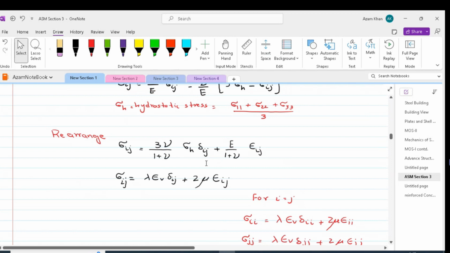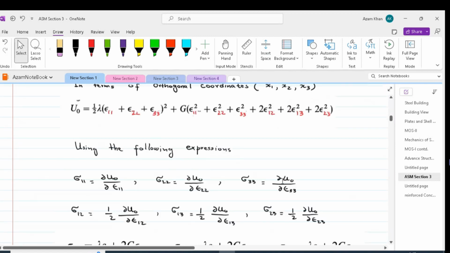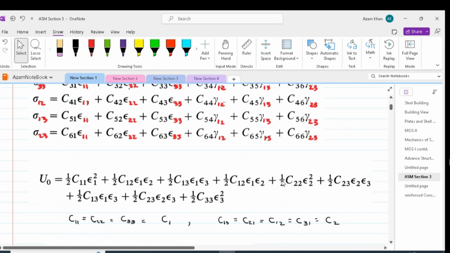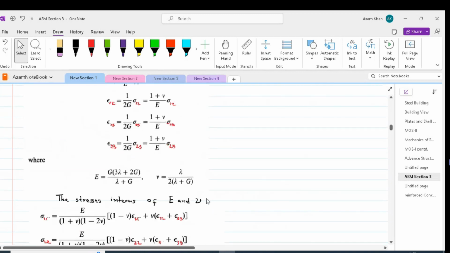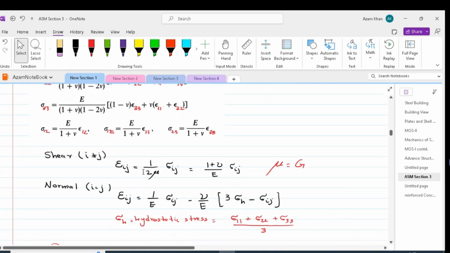Please note that in this expression, mu is equal to G, which is the modulus of rigidity. So G is one of the Lame's constants, as we discussed previously, and that is equal to mu. So that appears in the strain equation.